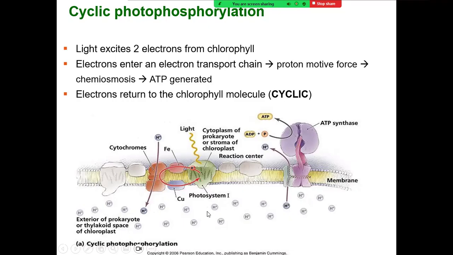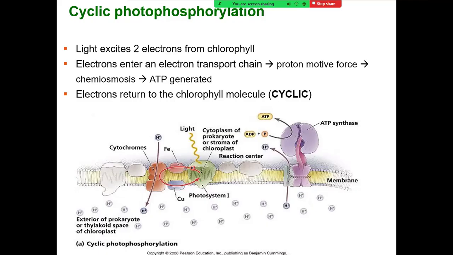These H plus ions, by the second law of diffusion, will want to move over to this side of the membrane. They can only do it by coming through this transport or channel protein. This channel protein is ATP synthase, and when the hydrogen ions move through the protein, they give the protein the energy it needs to phosphorylate and make ATP.